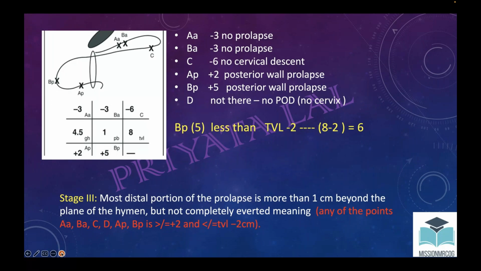If the role player asks you what the surgical treatment will be, your answer will be posterior vaginal wall repair, or you will say colpoperineorrhaphy. Here perineal reconstruction will also be done. If the perineal body is +4, then the surgical treatment will be posterior vaginal wall repair.